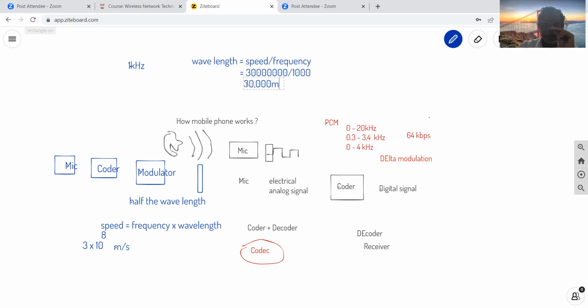Right? Then if it is a 1 megahertz signal, 1 into 10 to the power 6, what is the wavelength, lambda?